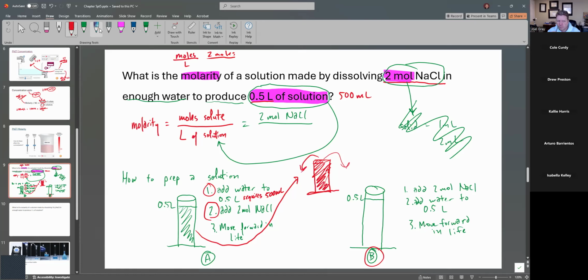So in that case, yeah, we'll overflow. We'll end up with 500 milliliters of solution.